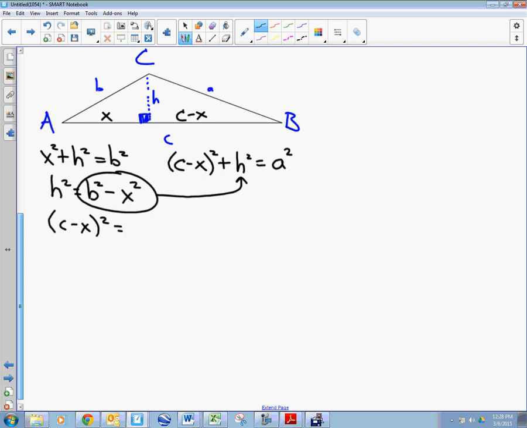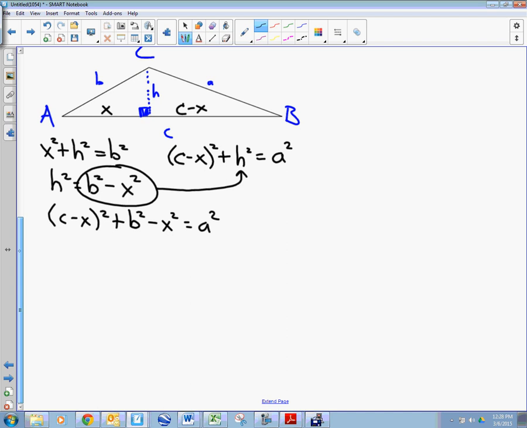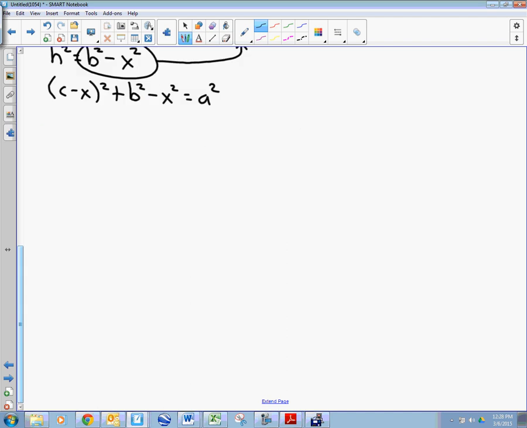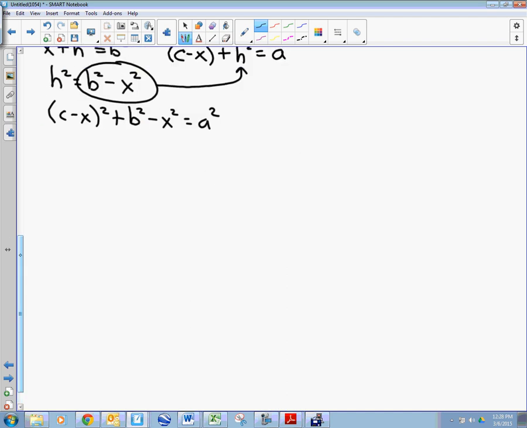Oh, plus. I got a negative x squared, don't I? When I square that, that's going to become positive x squared, isn't it? I'm going to get rid of that, aren't I?